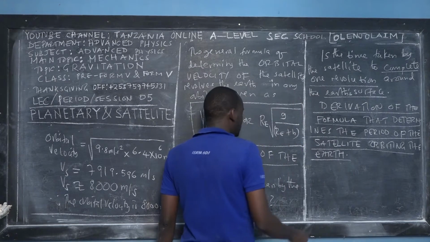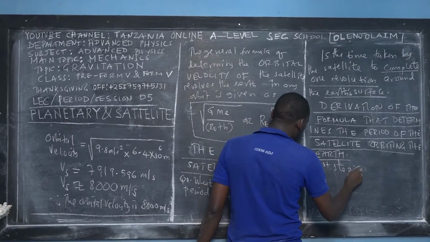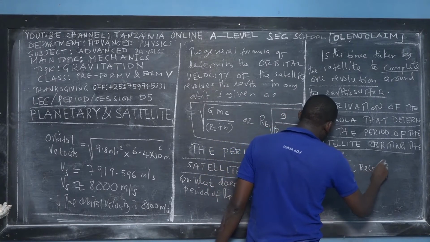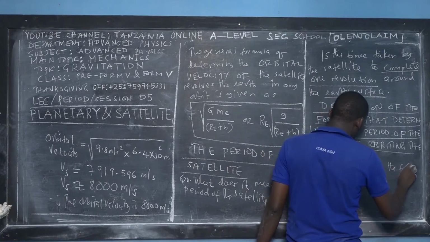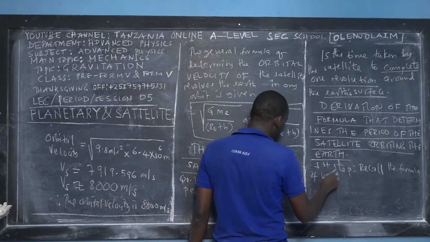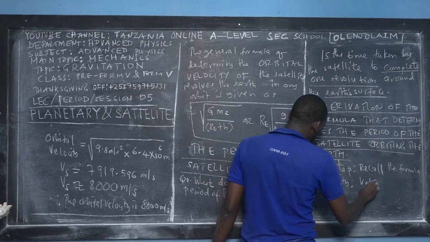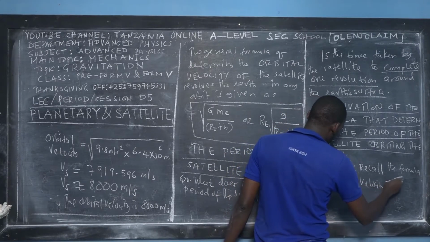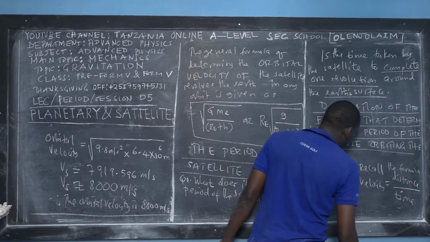So we'll be following some steps. The first step, we call the formula of velocity. We used to say that velocity is equal to distance over time, right?